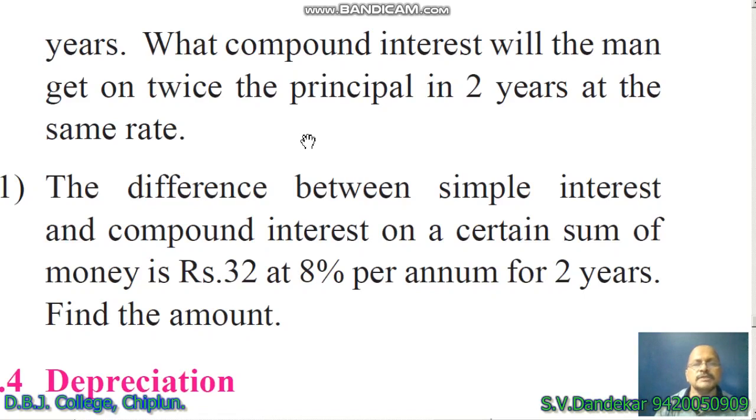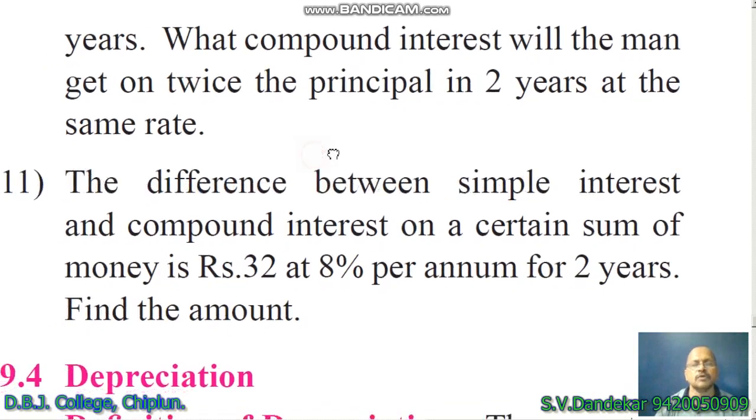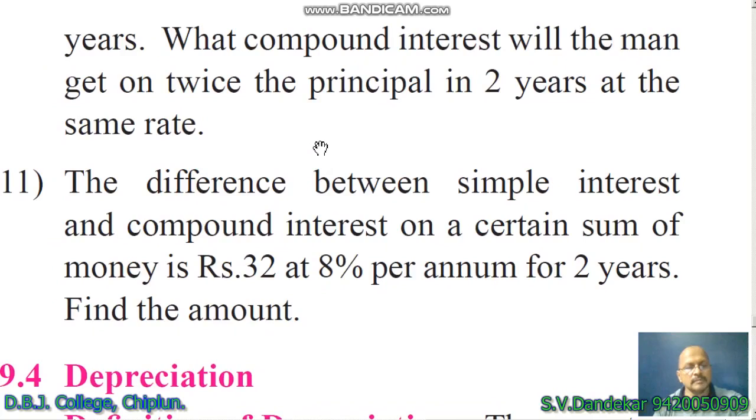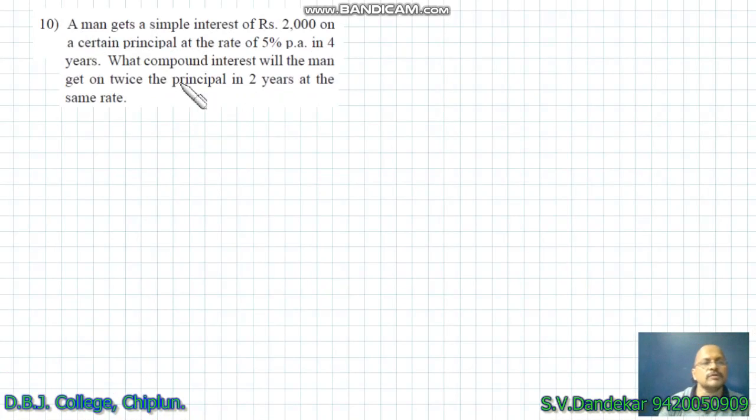Let us copy this to our board and solve it. I read the question again. A man gets simple interest of rupees 2000 on a certain principal at the rate 5% per annum in 4 years. What compound interest will the man get on twice the principal in 2 years at the same rate of interest?